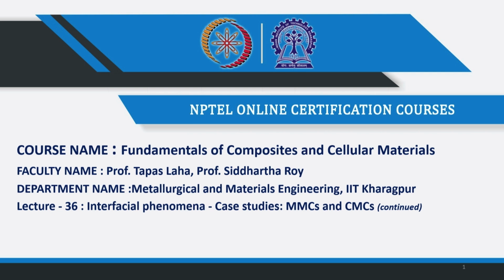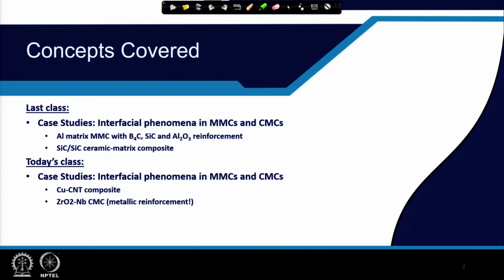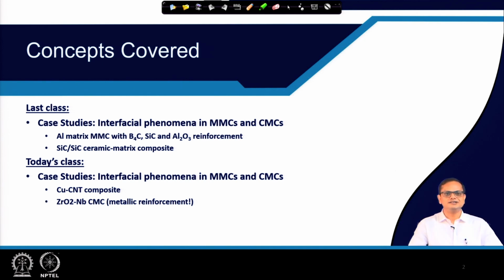So, for the last few classes we were talking about the interface in composite materials, and then we started talking about different examples or case studies where the interface in metal matrix composites and ceramic matrix composites has been discussed.